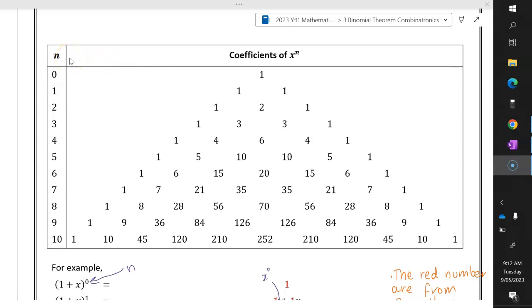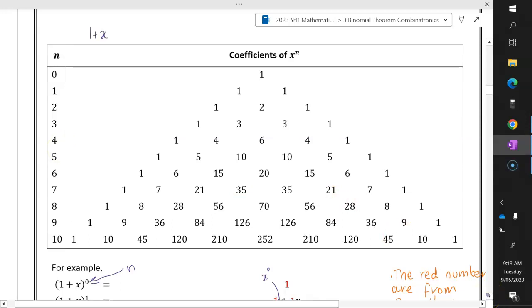Different textbooks will look at it slightly differently, but I think the best way is the way that's set up here, where we look at this first row being row 0. In row 0, we only have the number 1. Row 1, for example, has 1 and 1, etc. If we start with 0, that lines up really nicely with our powers when we look at our expansion. I mentioned up above that we'd be looking at 1 plus x.